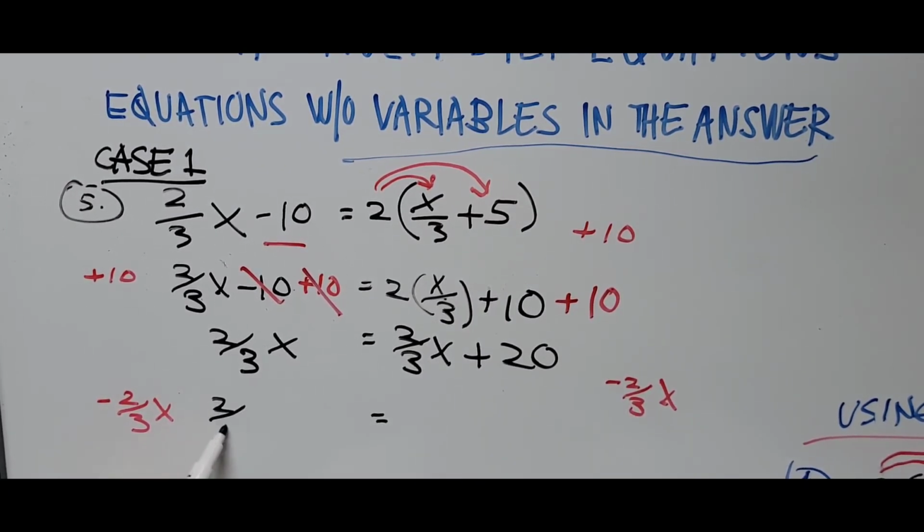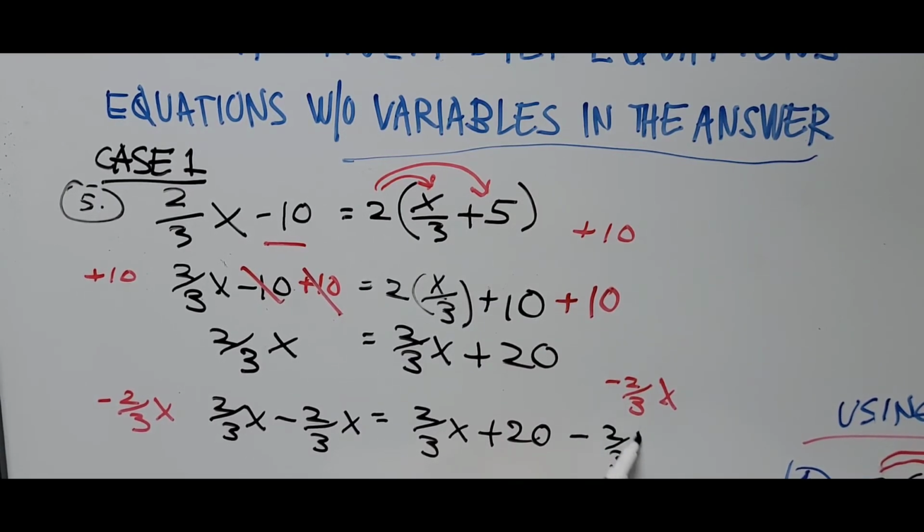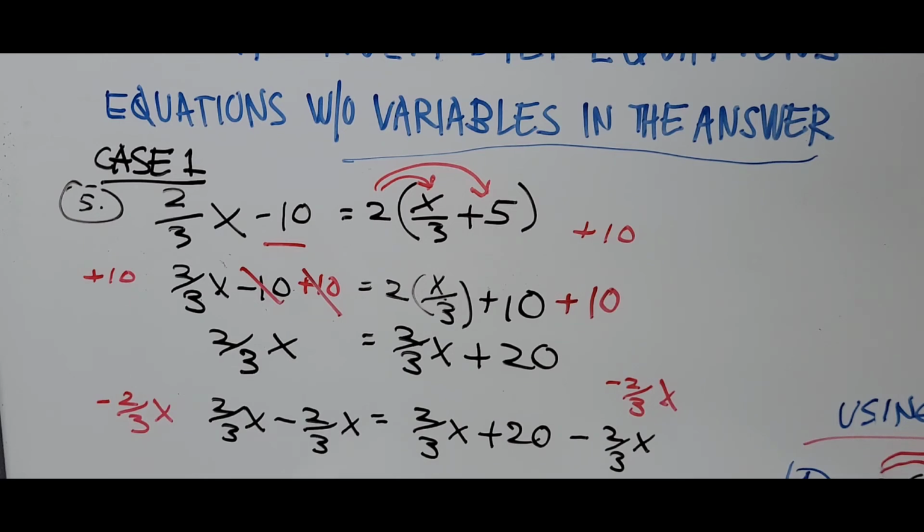2/3 x minus 2/3 x equals, since you got that right there, 2/3 x, bring down 20. Now you're subtracting 2/3 x. Okay, notice that this one and this one, right? 2/3 x minus 2/3 x, that's 0.